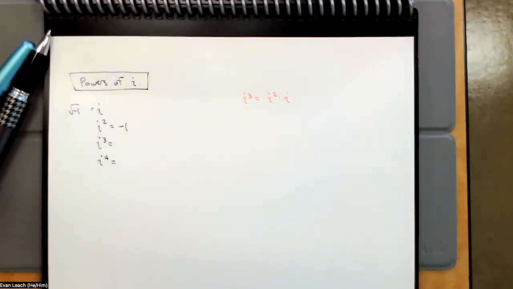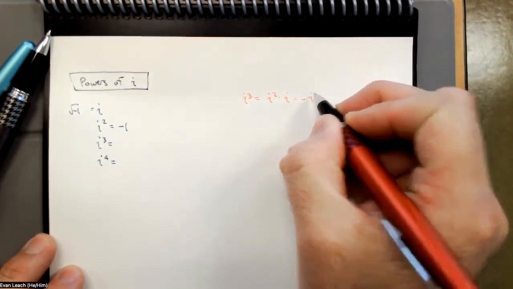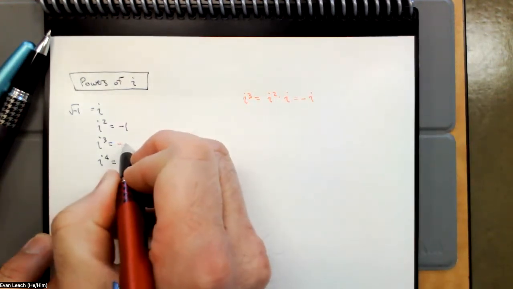That's just what exponents mean, right? i cubed means 2 i's, then 1 more i, but i squared is -1. So i cubed is -1 times i.